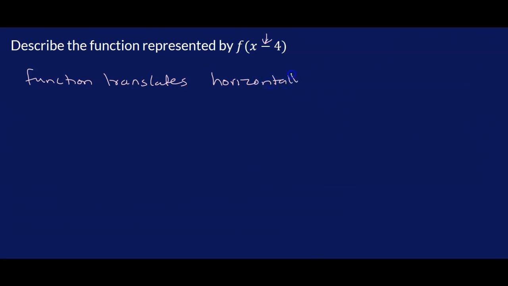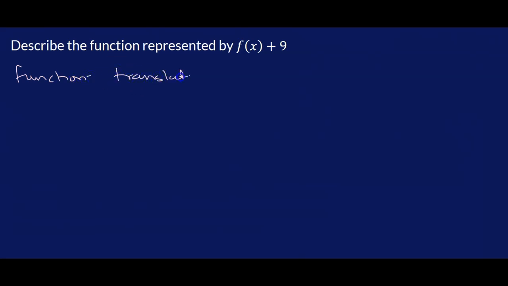It translates horizontally 4 units right. Then this other one, the function translates vertically 9 units up.